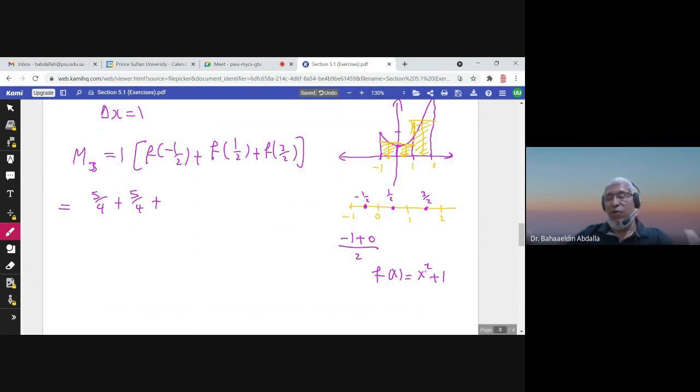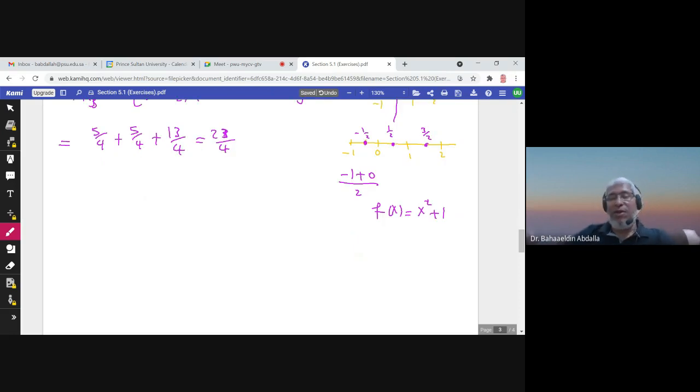F of 3 over 2, 9 over 4 plus 1. So it's 13 over 4. And the answer would be 23 over 4. Okay. So 23 over 4 is the area, the estimated area using 3 rectangles and the midpoint.